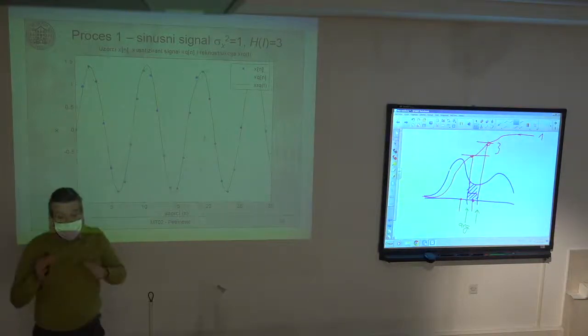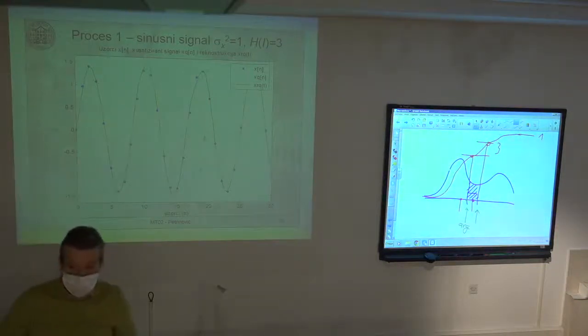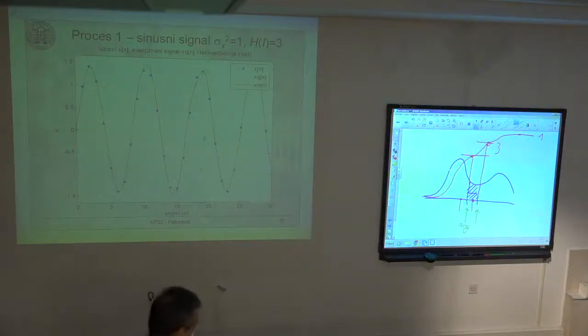So they miss the blue dot, but they go through the quantized value, the green step value, okay? And now that I have this interpolated signal, I can find the difference between the green step and the blue input value, and the average squared difference is the quantization error, the expected quantization error. So this is for the sinusoidal signal.